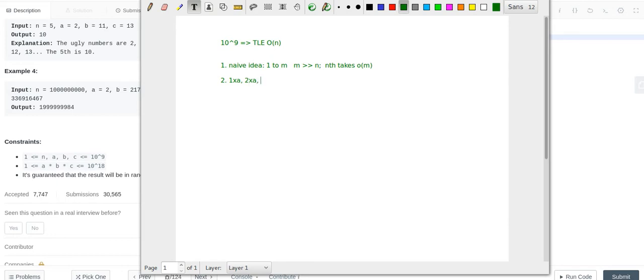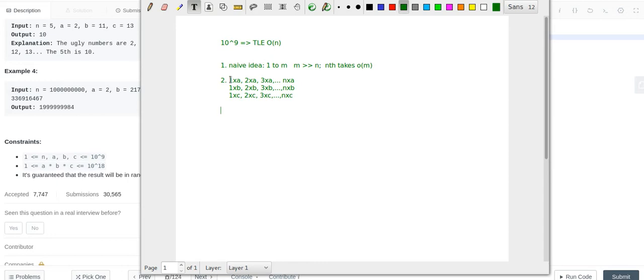We can generate the numbers 1 times a, 2 times a, 3 times a, until n times a, and then 1 times b, 2 times b, 3 times b, until n times b, and 1 times c, 2 times c, 3 times c, until n times c.